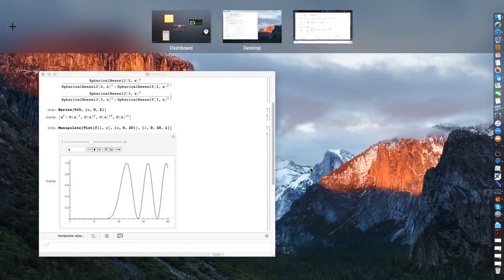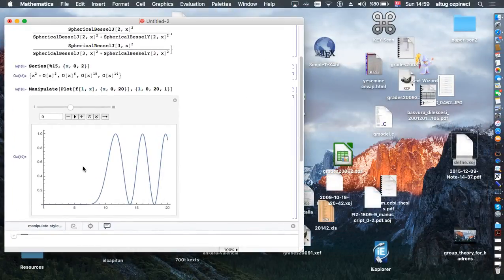Then we said that, for a given value of k, only up to a finite value of L do we receive a contribution. For anything above that value of L, we don't receive any contribution to the total cross-section, because the phase shift just turns out to be 0.